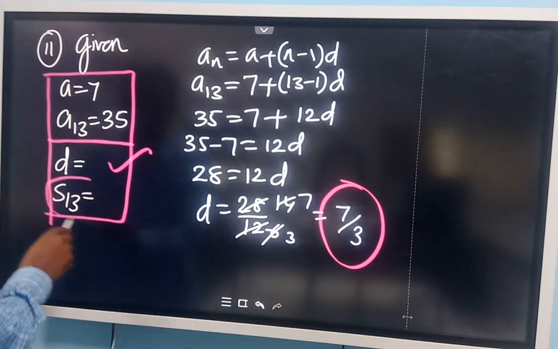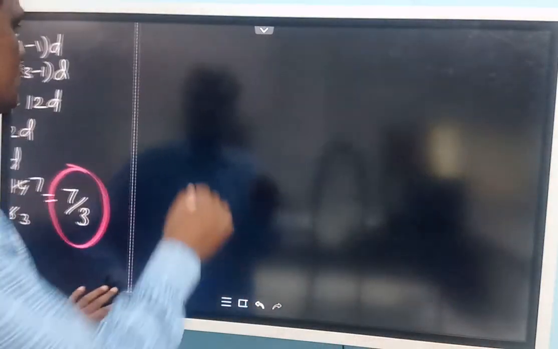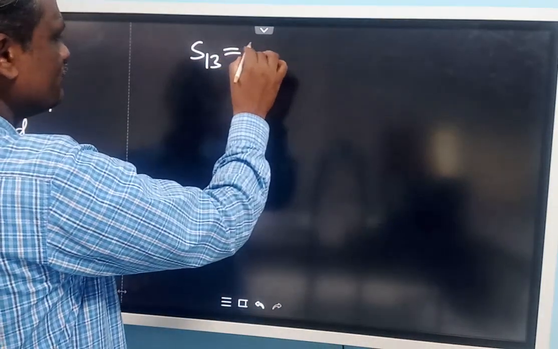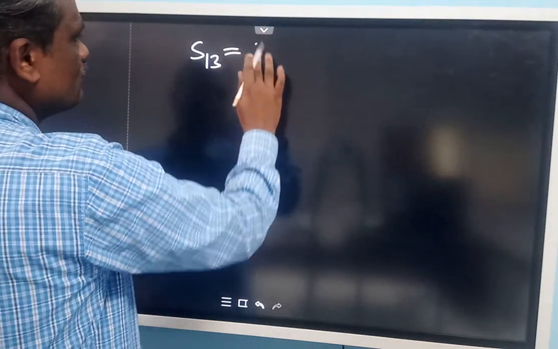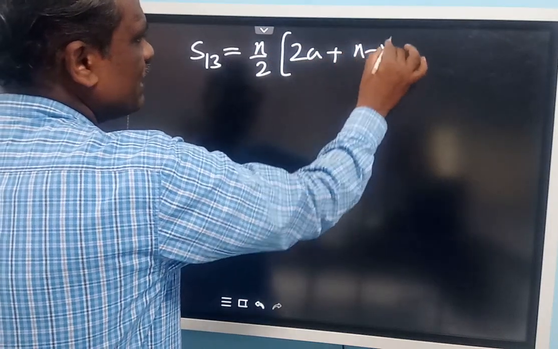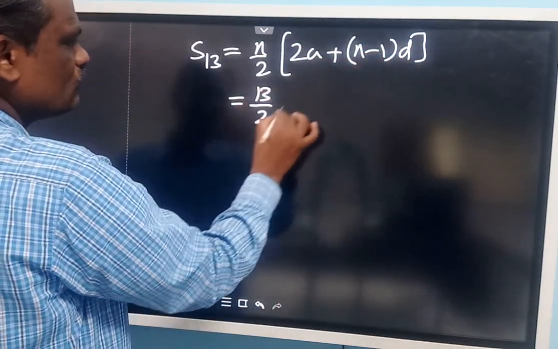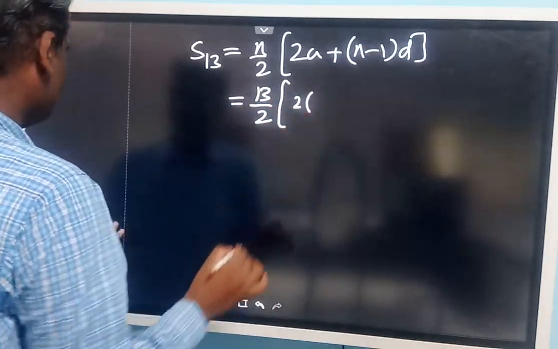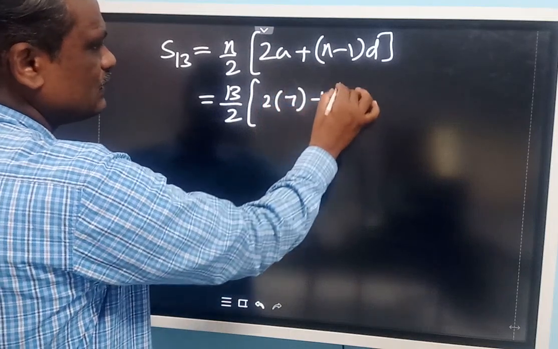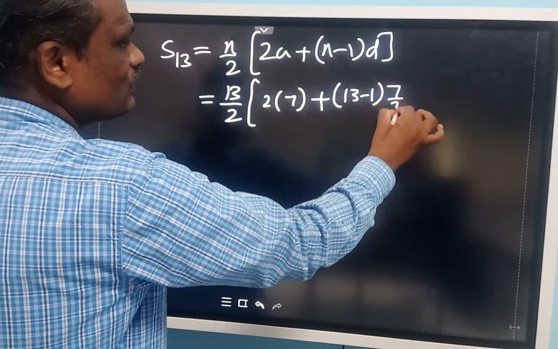So you can calculate S13 now. S13 is equal to, use the formula n by 2 into 2a plus n minus 1 into d. So the n value is 13 by 2, into 2 times the a value, the first term here, 7, plus 13 minus 1 into d, where the common difference is 7 by 3.